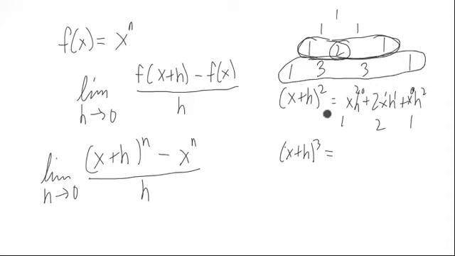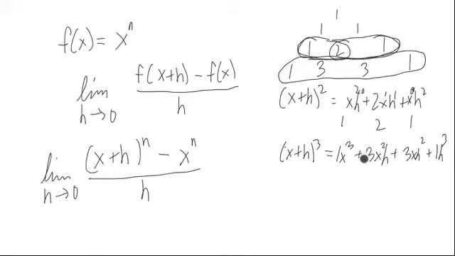That's the line of coefficients for x plus h, quantity cubed. So we end up getting 1, 3, 3, 1, where we have x cubed, x squared h, xh squared, and h cubed.